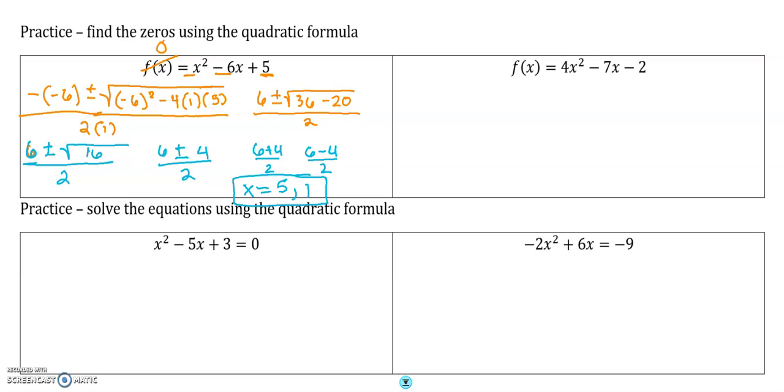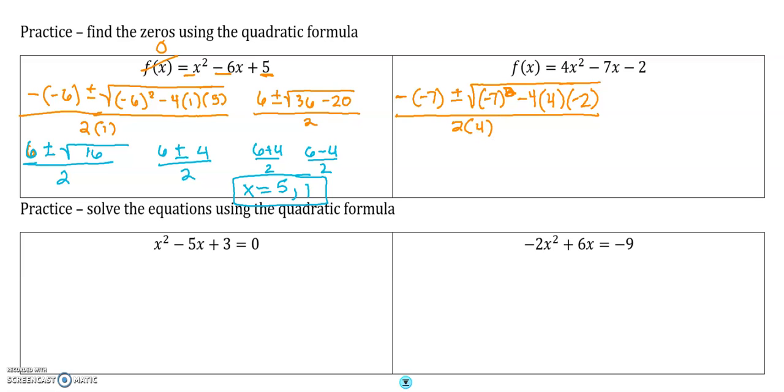All right, let's try our next example. Opposite of b plus or minus the square root of b squared minus 4, oops, that's a square, minus 4 times a and c, all over 2 times a.